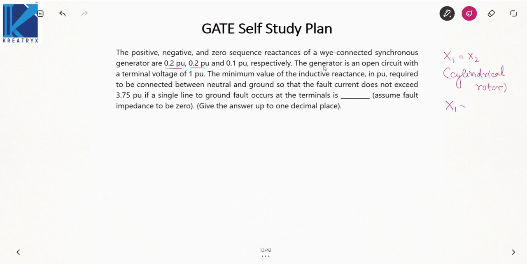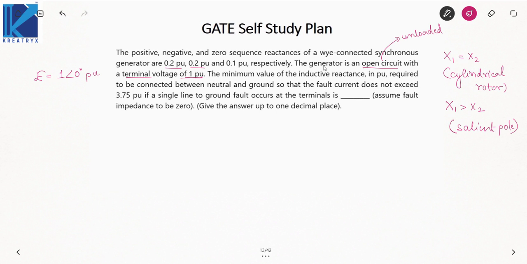If X1 is greater than X2, it implies a salient pole. The generator is open circuit, which means it does not deliver any current, so it is unloaded, with a terminal voltage of 1 pu. 1 pu means rated voltage. Again we see the same statement, unloaded with rated voltage, which means EMF will be 1 angle 0.